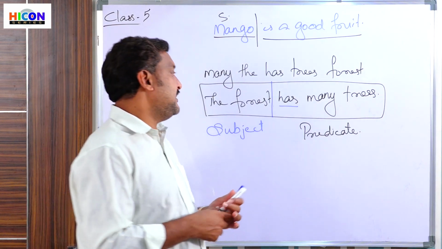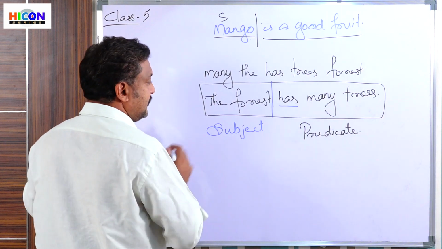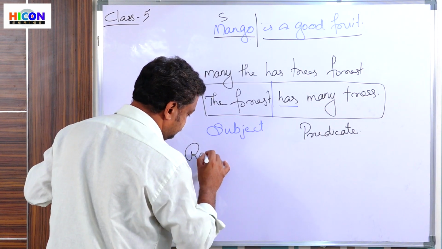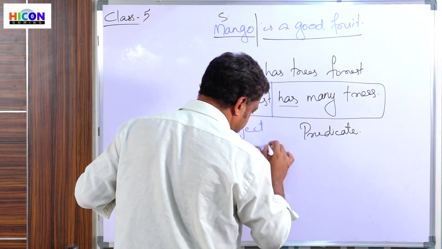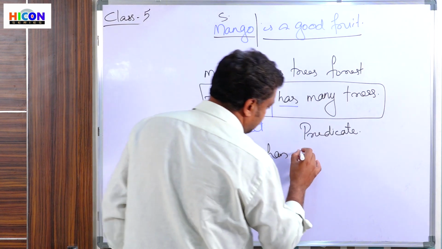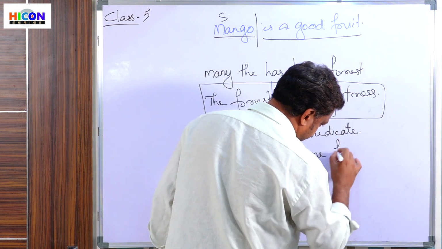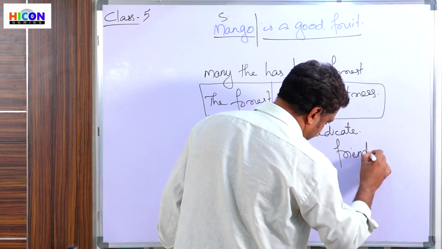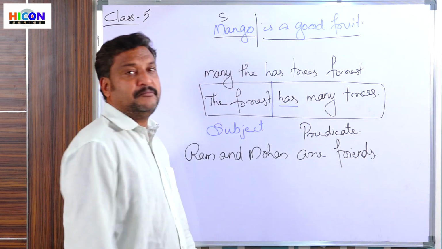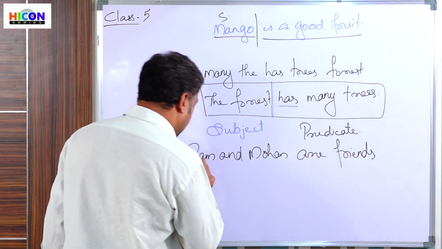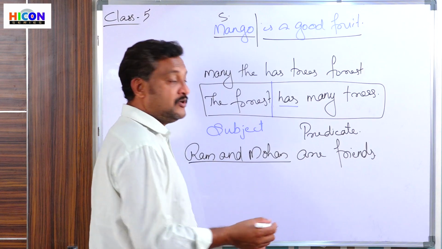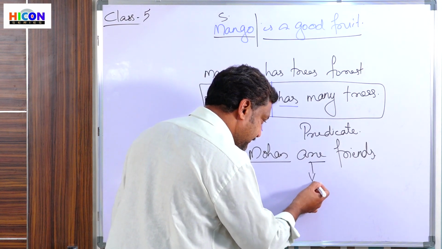Got it? If I say Ram and Mohan are friends, then Ram and Mohan is the subject because 'are' is the verb here.